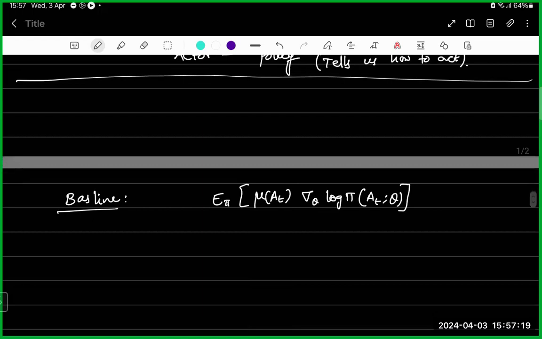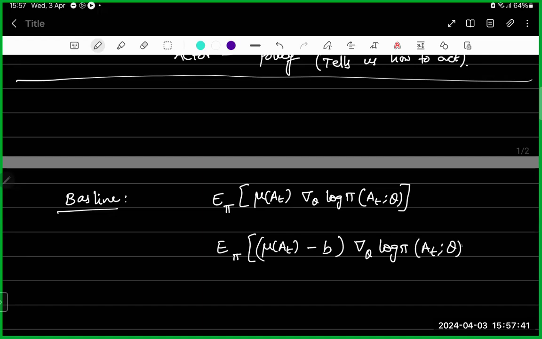Instead of using this as our gradient, let's say instead of using this, I use something else. Let's say we use some other value for the gradient. So this B is called the baseline. We are subtracting something from this mu of A and using that instead of using the actual one.